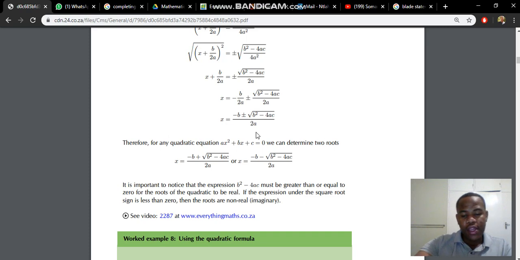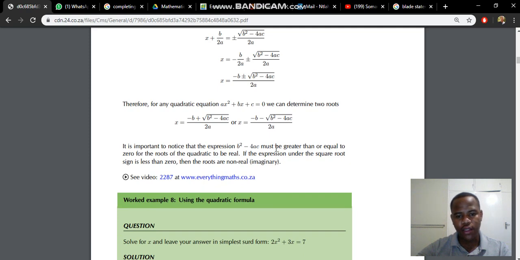What we're looking at here is that someone sat down and came up with how we can generalize completing a square in order to find roots. That's pretty amazing if you ask me. Now, it is important that you have a square root there, so b squared minus 4ac must always be greater than 0. If it's less than 0, you have imaginary roots, of which we don't talk about in our syllabus.